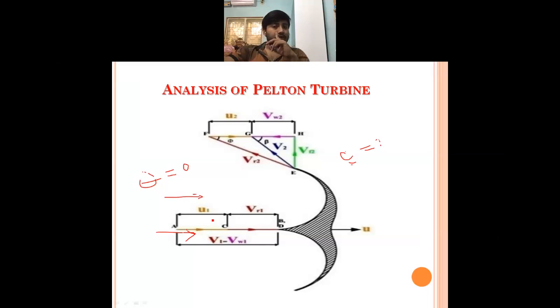Now what is U1? U1 is the inlet velocity, the velocity of the blade at the inlet. V1 is the jet velocity, and VW1 is the horizontal component of V1.